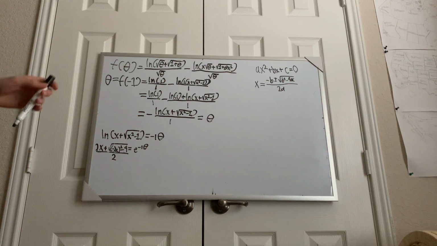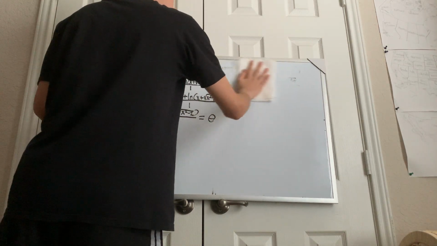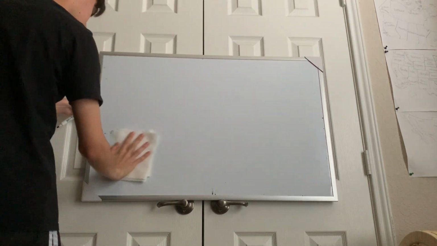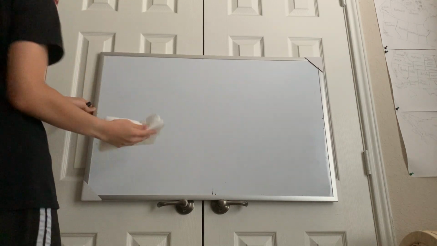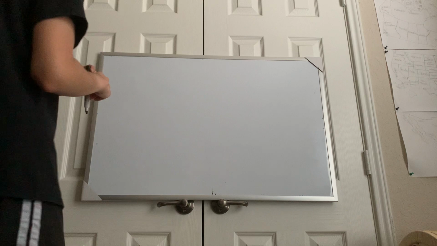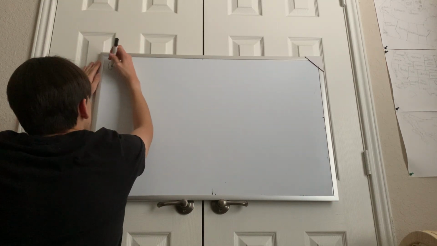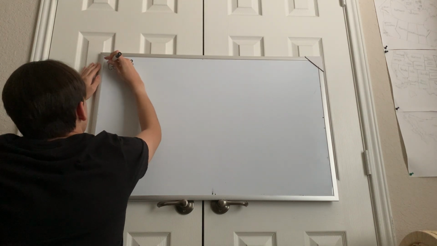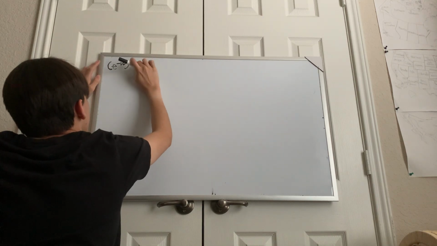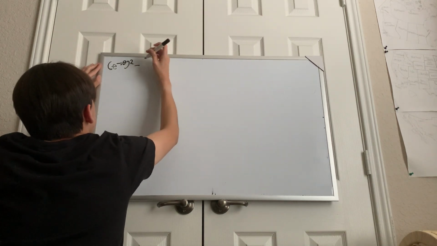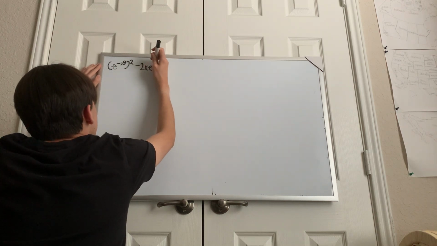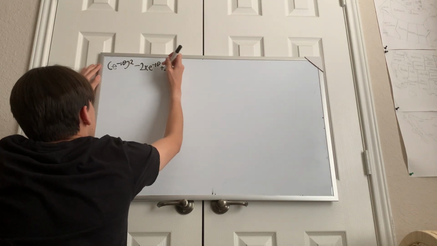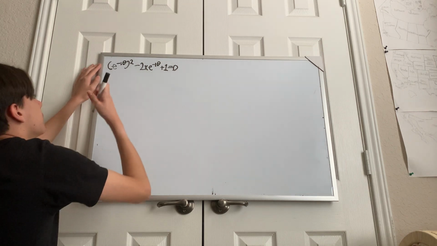So now if we reverse this quadratic equation, we find that e to the negative i theta squared, plus, that would be minus, since b is negative, minus 2x e to the negative i theta plus 1 is equal to 0. Now we isolate x.